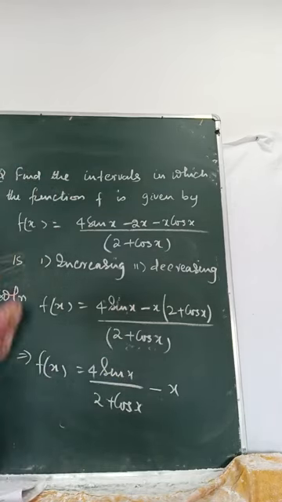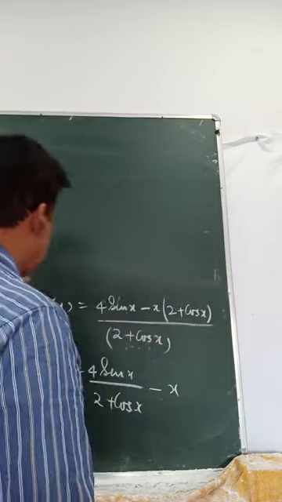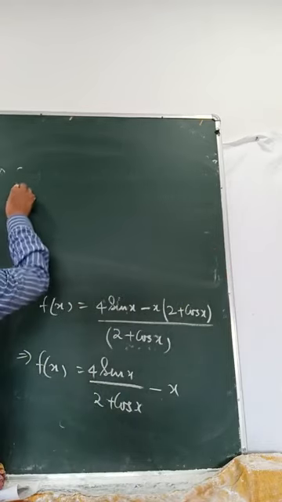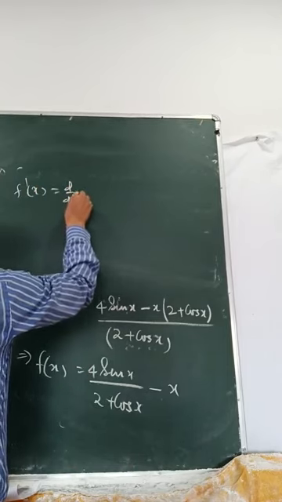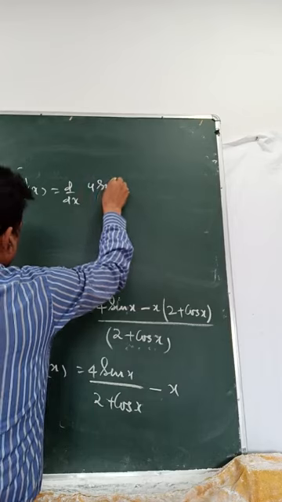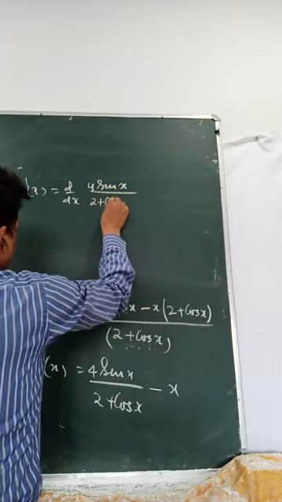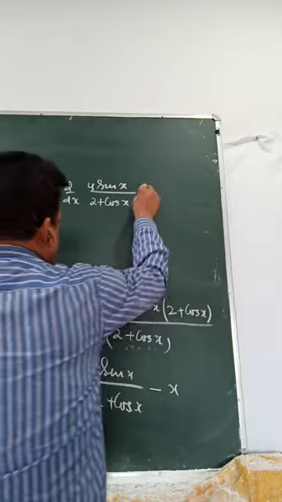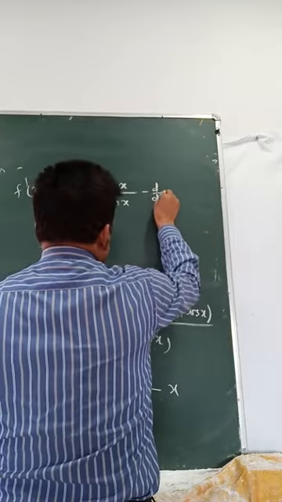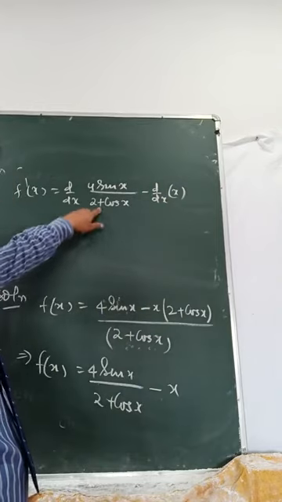Now let's find what is f dash x. So f dash x equals d/dx of 4 sin x by 2 plus cos x, then minus d/dx of x. Okay, this is the division rule.